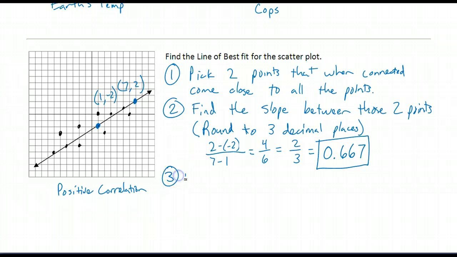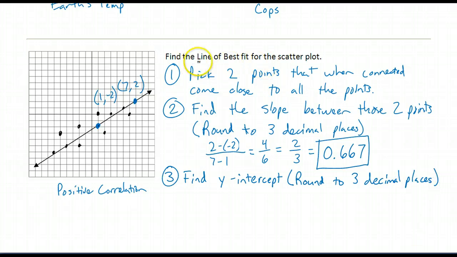Step 3. Find the y-intercept. And again, round your answer to 3 decimal places. Only when I'm working with lines of best fit on a scatter plot do I want to round. Usually I keep my answer as a fraction, but here I'm going to round.